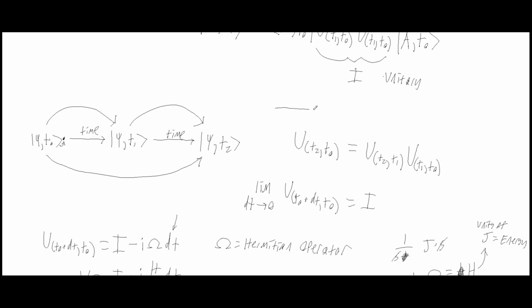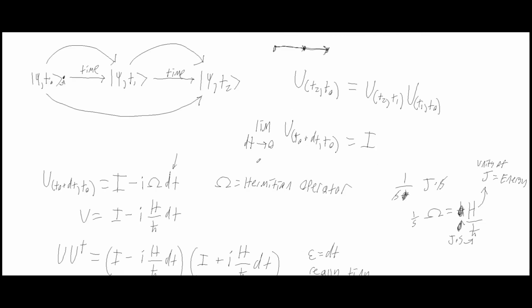If we have an evolution from here to here, we could also say it's an evolution from here to here, and then from here to here. That was the composition.